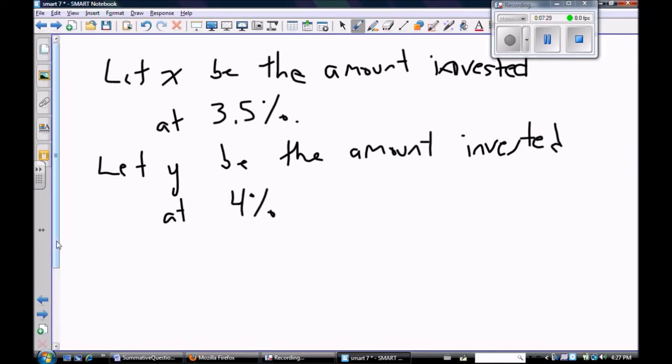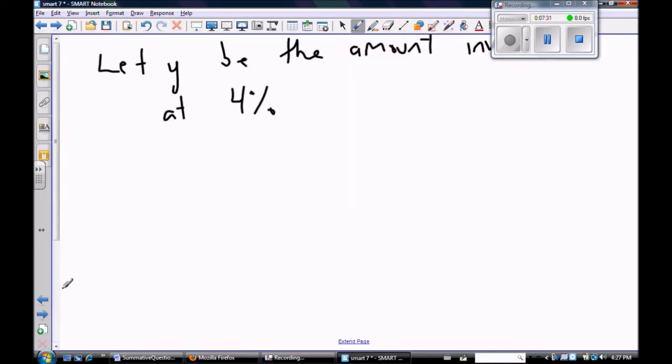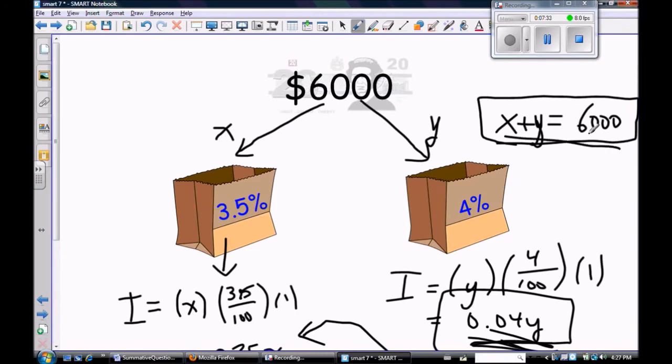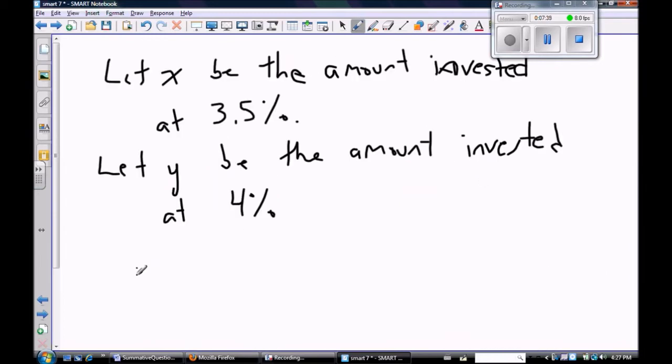And there are two equations that we know. We know this equation, that the amount invested here plus here has to equal a total of $6,000. So one equation, that x plus y equals 6,000. You don't put dollar signs or units in equations.